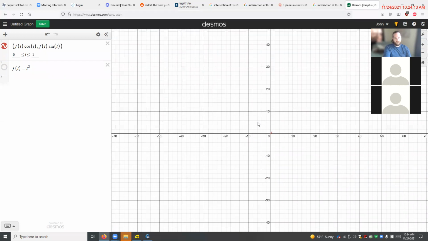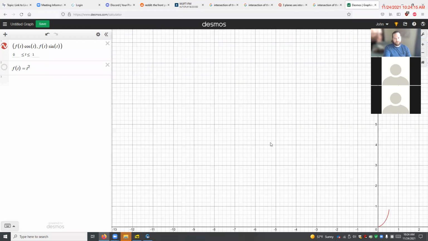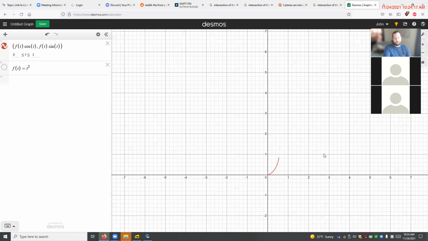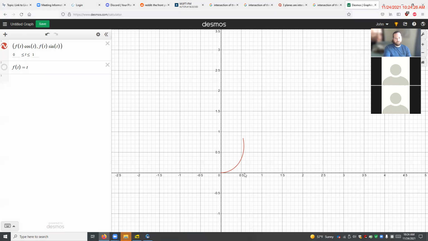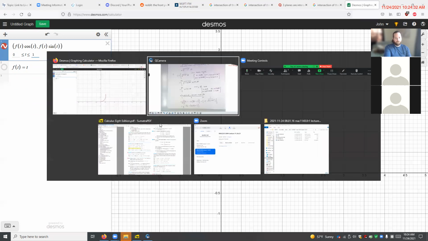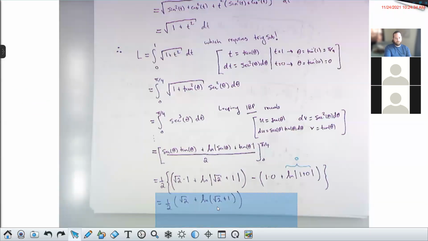Oh wait, no, we just had t. This little segment of that spiral, here's more of the spiral, this little segment of that spiral has this length, 1/2 times root 2 plus the natural log of root 2 plus 1.